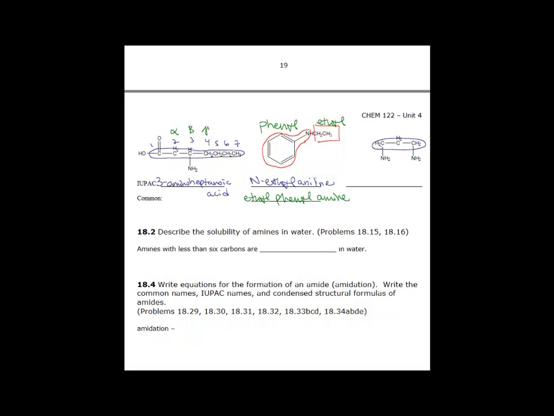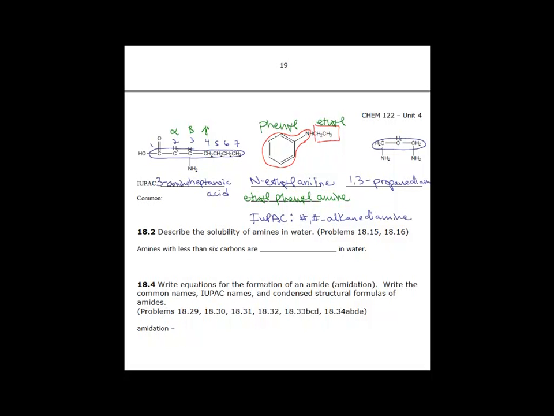And this last structure, three-carbon parent. When you have a diamine, for IUPAC nomenclature, number, comma, number, alkane, diamine. So this is 1,3-propane diamine.